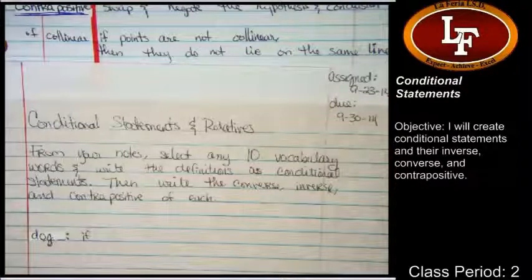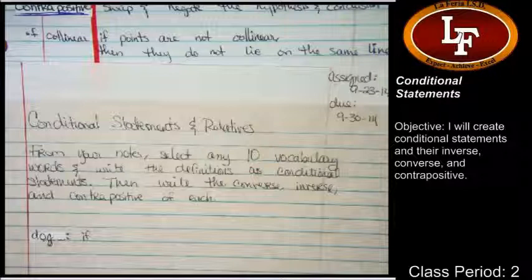One is your original if-then definition. Then you have your converse, then your inverse, and then your contrapositive. 4 for each, 10 definitions total. That's 40 different sentences.